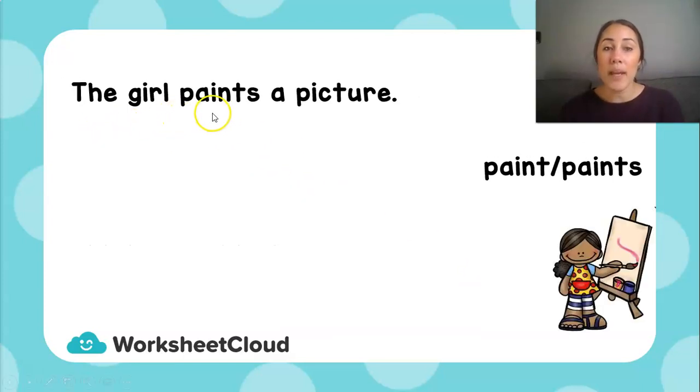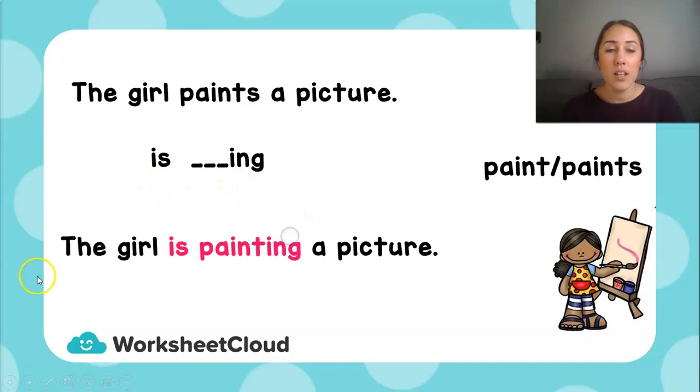So the girl paints a picture. If we add is painting, the girl is painting a picture. Now this is something important because you need to remember when you had paints, paint or paints was my verb.